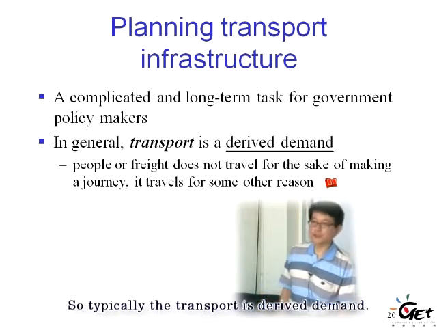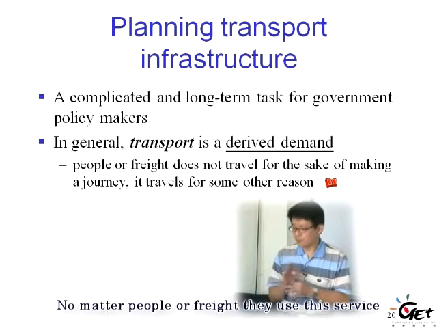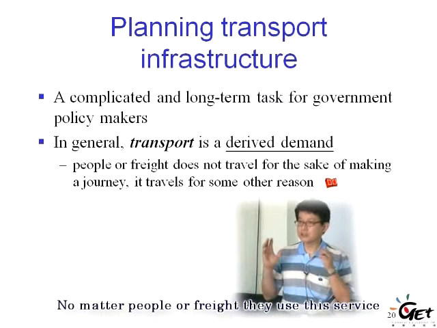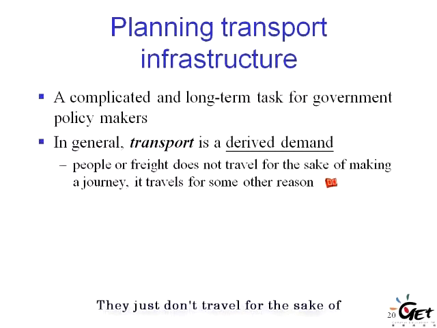So typically transport is a derived demand. No matter people or freight, they use these services for very particular reasons. They just don't travel for the sake of making a journey.